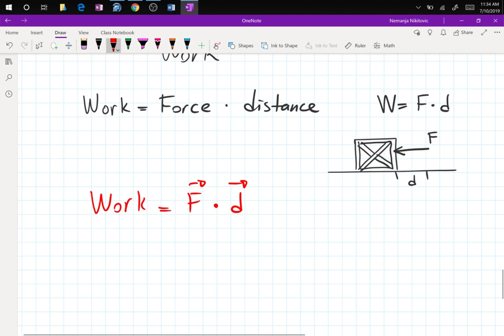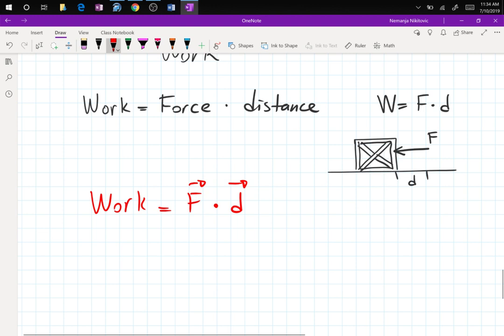When you have this defined this way, now you're allowed to push at any angle. Remember when I pushed the chair from standing upright and from being in line? This formula will cover both of those cases. And also your displacement d: you can be on a flat ground, but you can go up the incline, down the incline, or whatever. So you are not restricted to the flat surface.